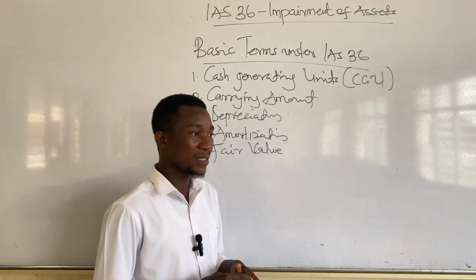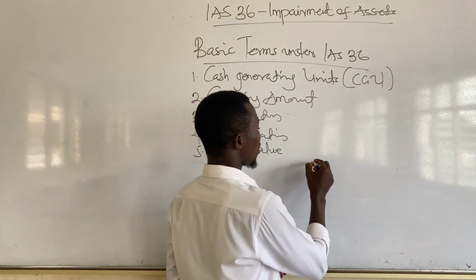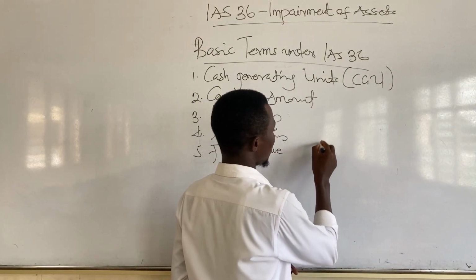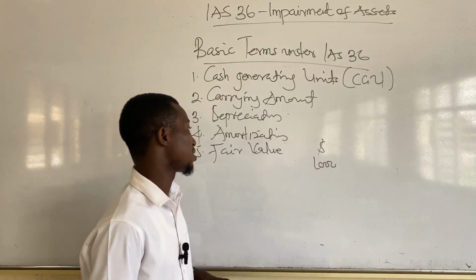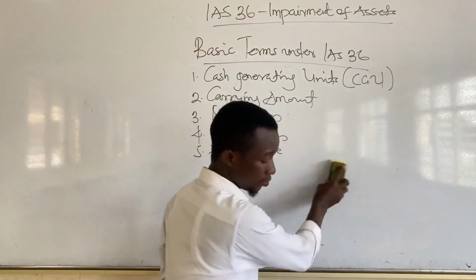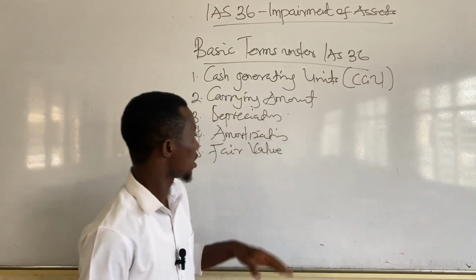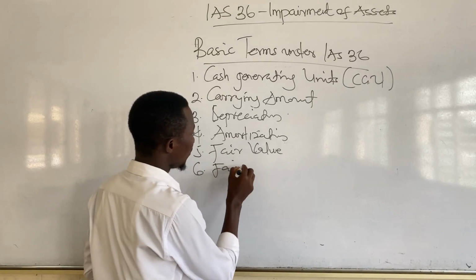So if you acquired an asset, and at the end of its useful life, you can dispose of the asset at a cost of 1,000, then this $1,000 becomes the fair value of the asset. Is that okay? Good.